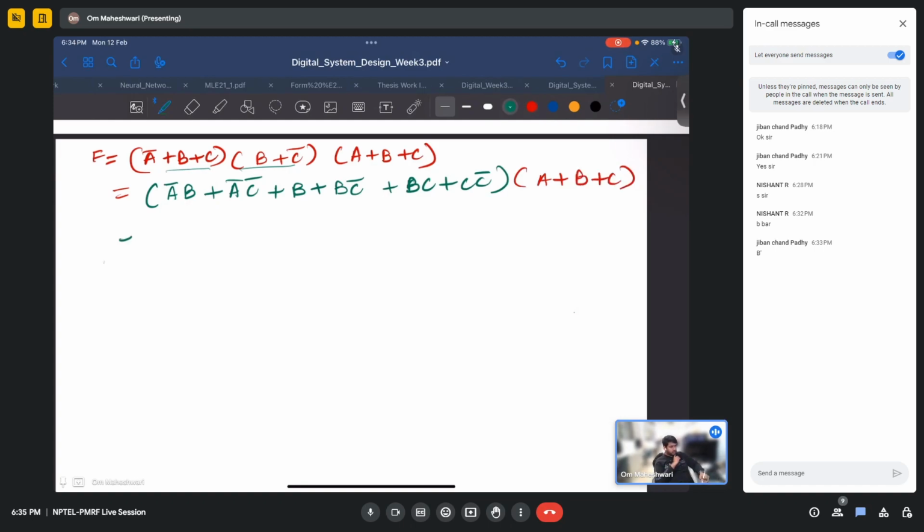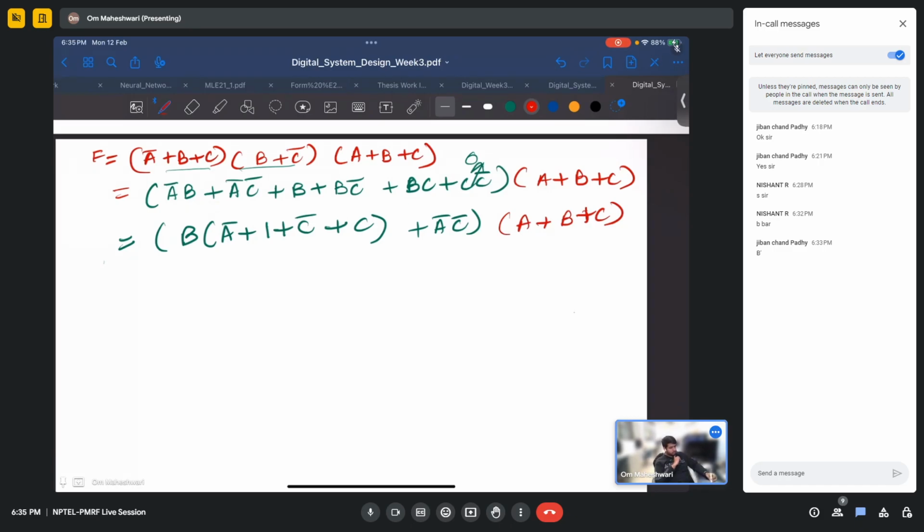Now if I try to simplify this, cc bar is 0. If I take b common, it will be b (a bar plus 1 plus c bar plus c) plus a bar c bar, this whole multiplied by (a plus b plus c).